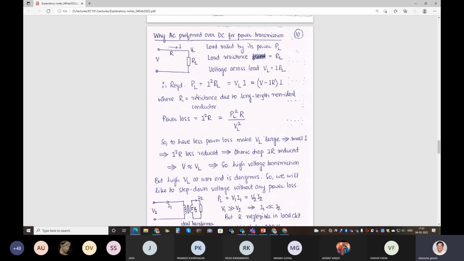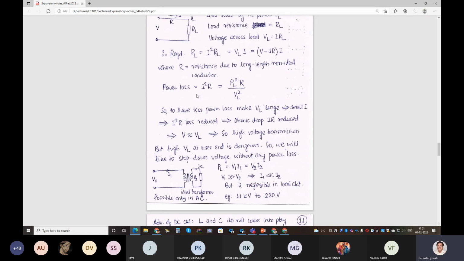Only in AC transmission that is possible, because there is an AC machine called transformer, which can do it without loss of any power. There will be some loss of power in the transformer, but that is a negligible loss. Otherwise, an ideal transformer will transmit the whole power.